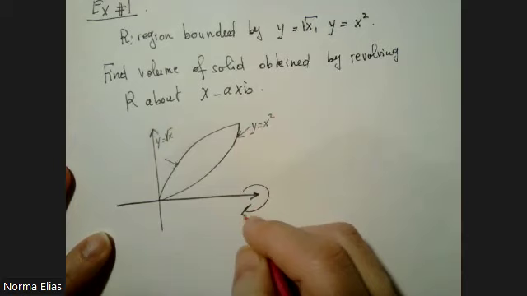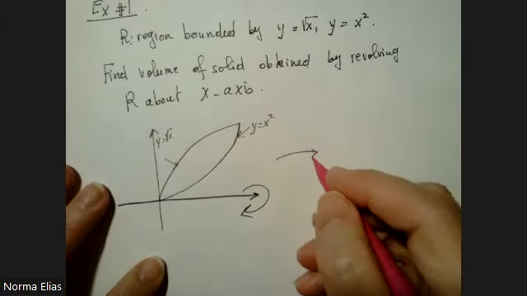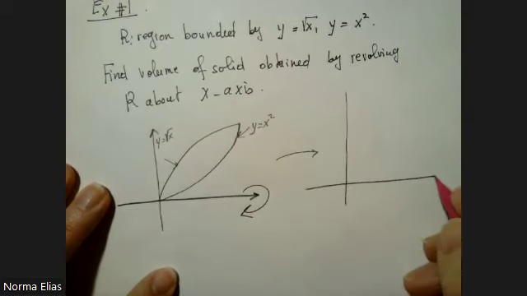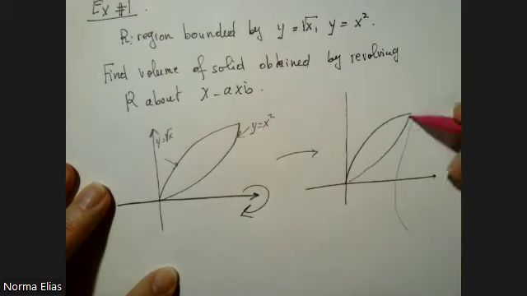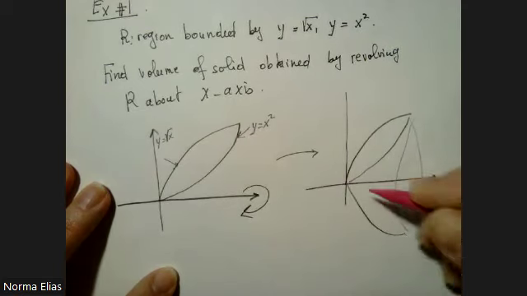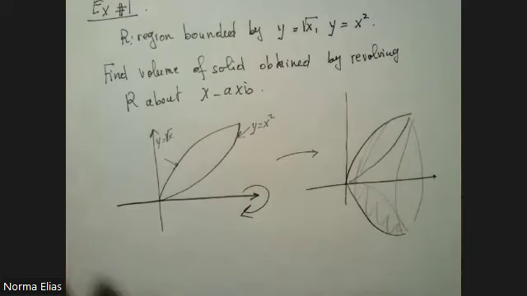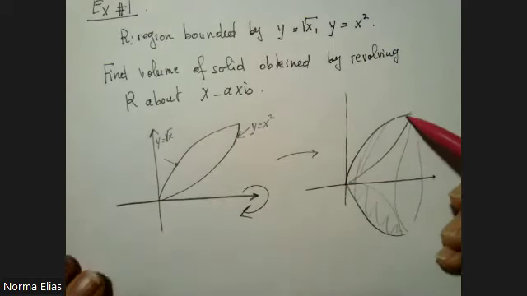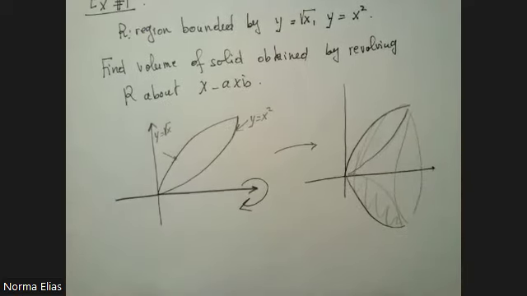The axis of rotation is the x-axis. So we're going to rotate this. And we get some kind of a region, something like that. That's the rotation. Okay, as you realize, it's like a big ball, if you can say it like that, with a cone-shaped object taken away. So that's really the rotation.